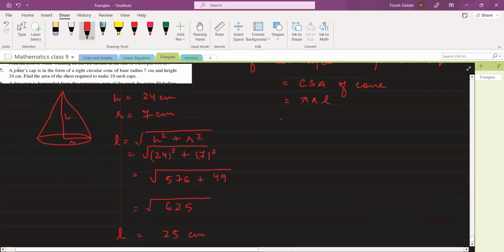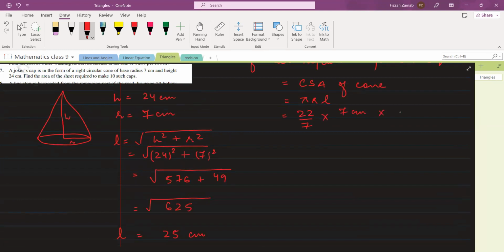So this you can put here in the formula. So 22 divided by 7, radius is 7 centimeter, slant height is 25 centimeter. Now 7 will be divided. So it's just 22 into 25 centimeter square. Now multiply this and tell me.